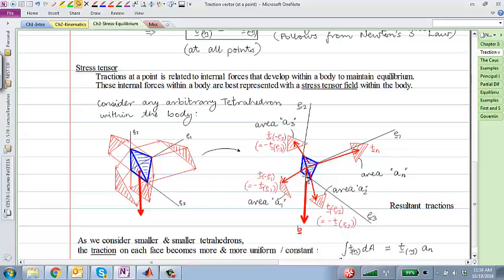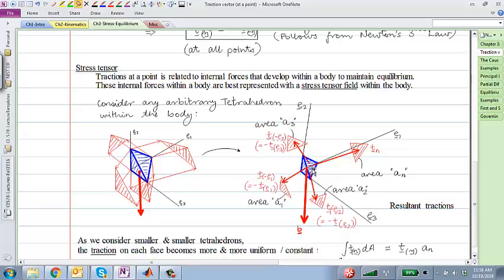I have this tetrahedron with four faces. Three of the faces are minus E1, minus E2 going to the bottom, minus E3 going to the back, and then this inclined face. These are the four faces, very similar to the homework problem that you guys did.